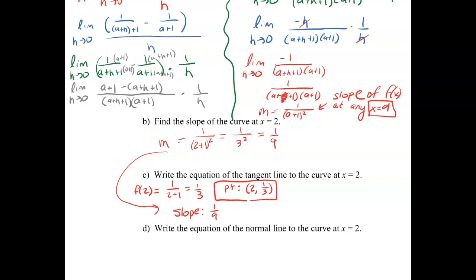So now I can rewrite this in point slope form, which is y minus 1/3 is equal to my slope, 1/9, times x minus 2. And that's it. Let's write an equation of a normal line at the curve of x equals 2.